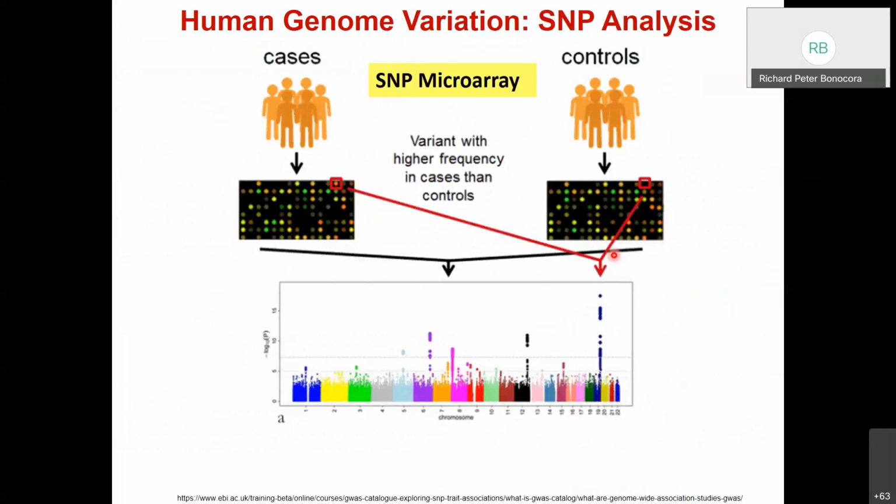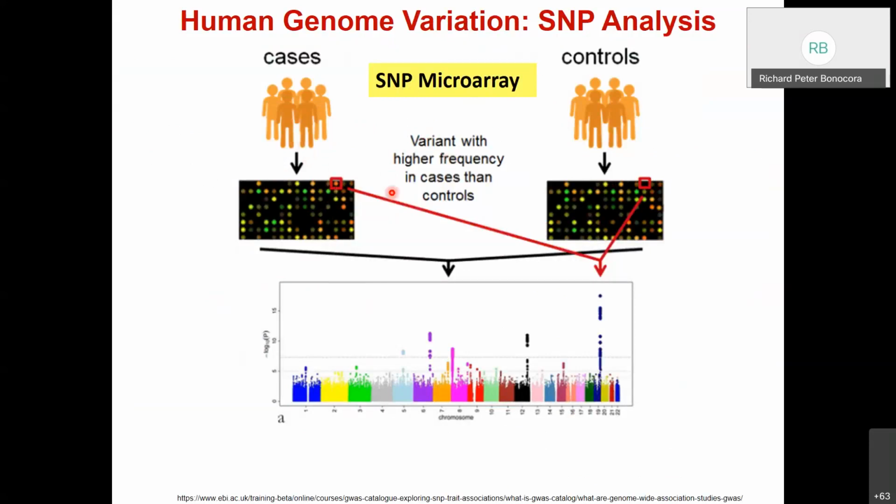Okay, so what do we do with this? You get these SNPs put on a microarray. This is obviously a small subset of a microarray, and we look again for variants that occur at higher frequency in the cases versus the controls.